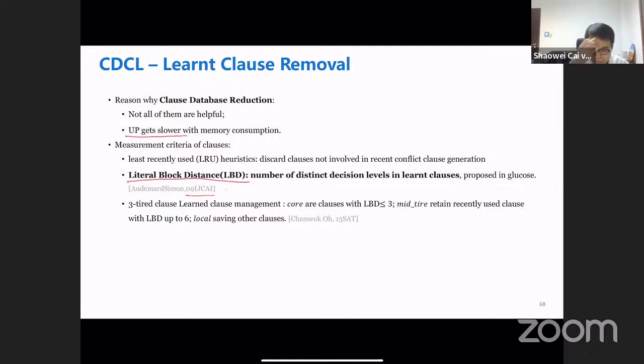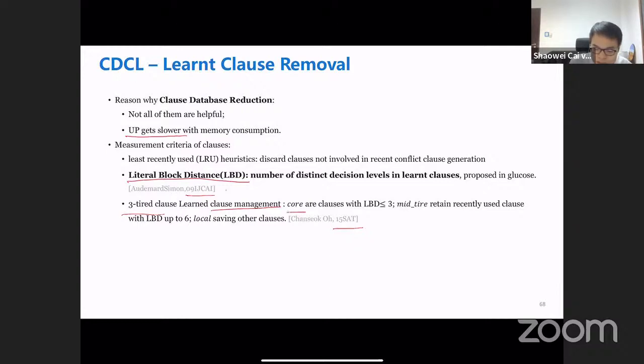The modern version of LBD involves three-tiered clause management. This is in Oh's paper at the SAT conference 2015. The three-tier method divides the learned clauses into three tiers.